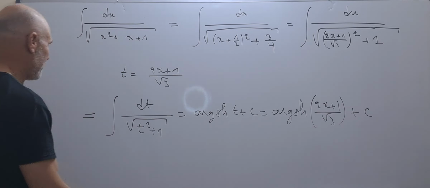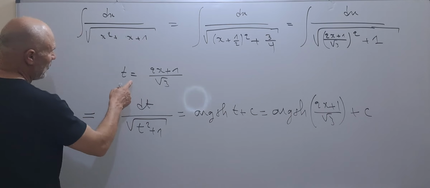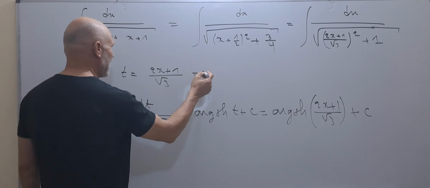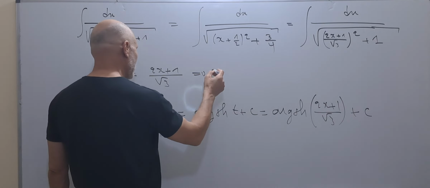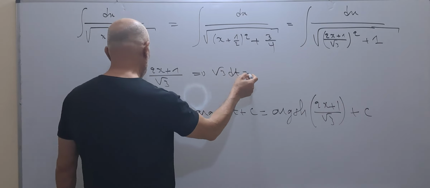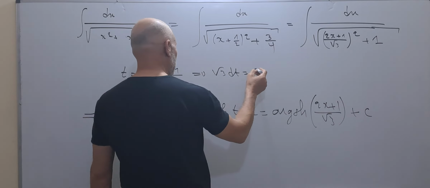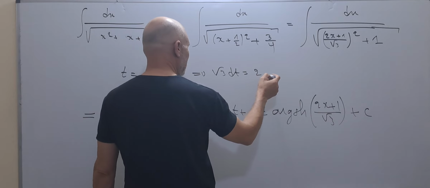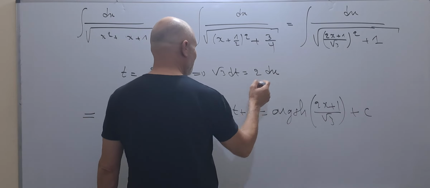And here we have, with the change of variable, the square root of 3 dt equal to 2 dx.